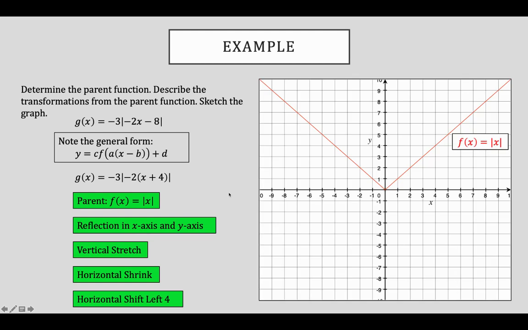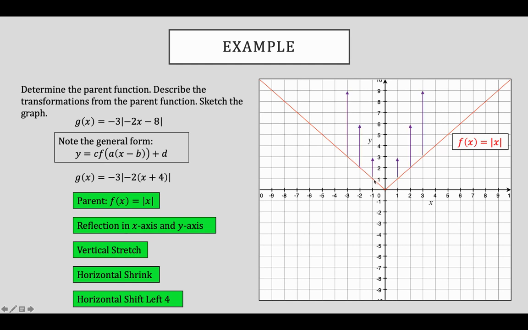Let's do our sketch. So we start off with the shape of the parent function, f of x is equal to the absolute value of x. First thing we want to do is scale. Well, we have two different scalings going on. First one, let's look at our vertical scaling. We have a vertical stretch by a factor of 3. All of the y values on this graph are going to get multiplied by 3.